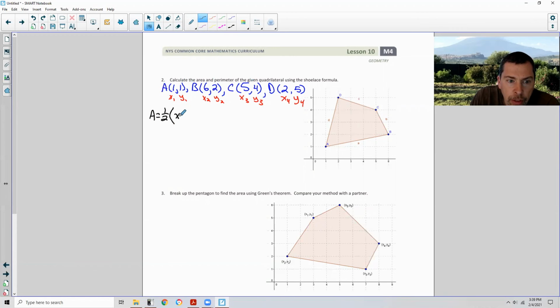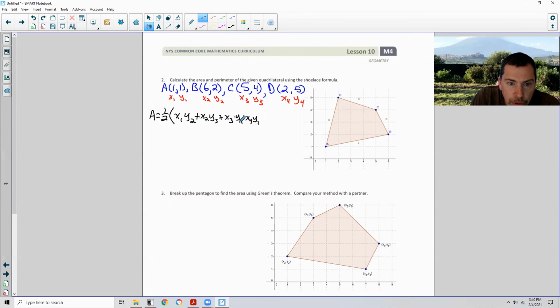Parentheses. You always start with x1, but you use the y2. This number is always one more than this to start. Then I used x1, and now I'm going to add x2 and the next y, which is 3. And then I'm going to add the next x, which is x3, and multiply that by y4. And then I'm going to add the last x, which is x4. So I have x1, x2, x3, x4. I started with y2, so I have to go back to y1.